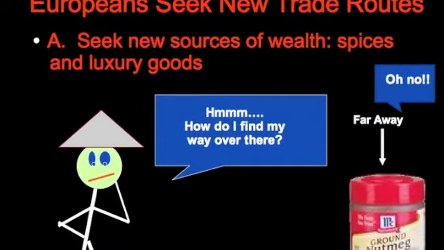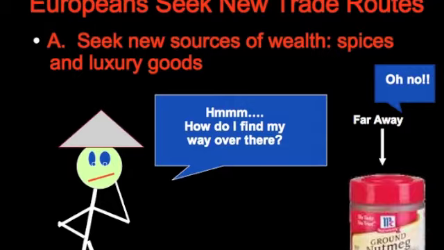Okay, so Europeans were seeking new trade routes. We learned in the prior unit how the Italian city-states were making a lot of money off of trade. Well, they wanted to find quicker and cheaper ways to trade and to get those goods, especially things that there weren't much of in Europe, spices and luxury goods that they did not have there.